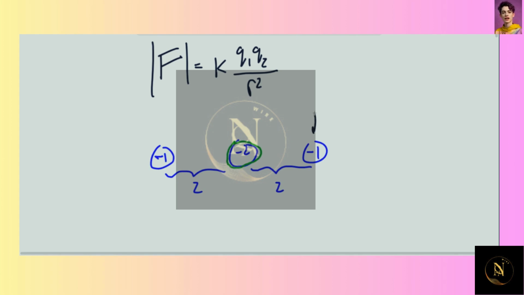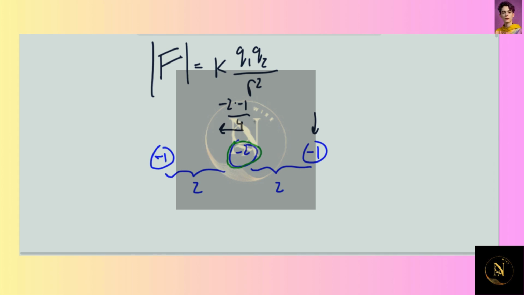So let's consider the force exerted on the object from the charged particle on the right, right? They're both negative, and the charged particle is to the right, so it's going to be pushing to the left, right? And the magnitude of that force is going to be -2 times -1 divided by 4, right?